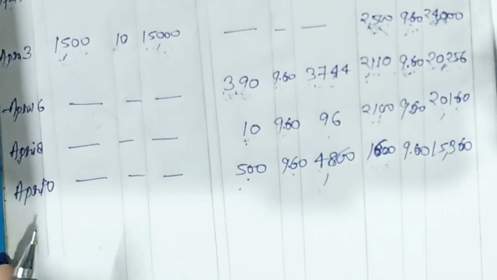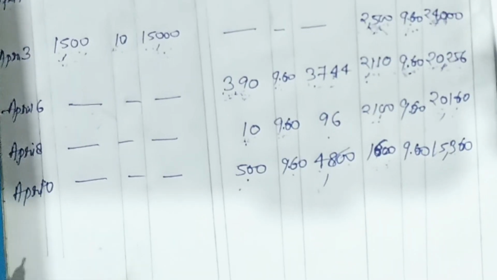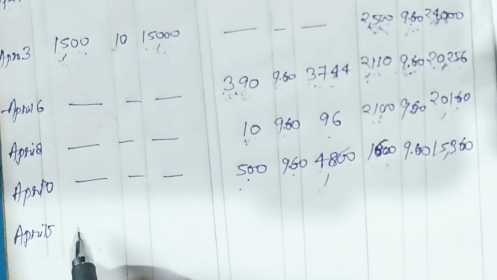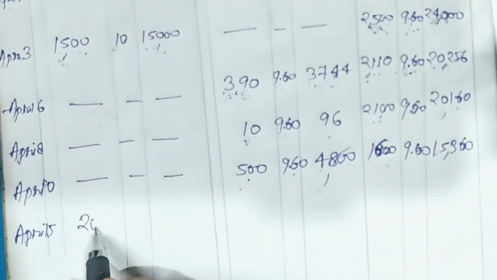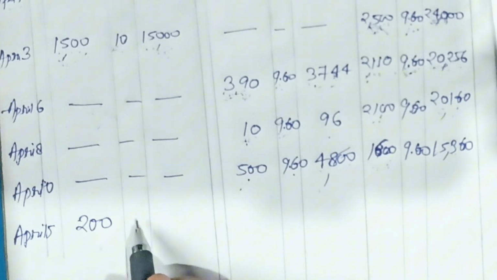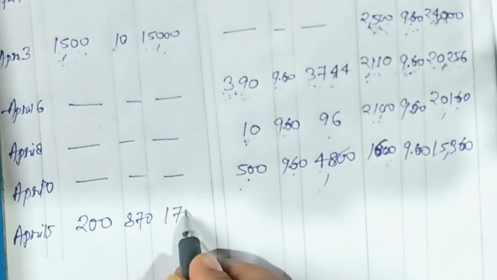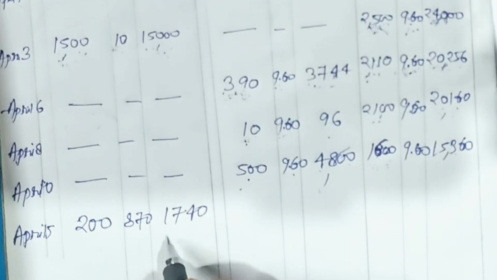Okay. Now we are coming to April 15th, right? Yes, sir. April 15th. There is a purchase, right? So we have to write here purchase 200 units, 8.70. 8 rupees 70 paisa. Multiply it. 200 times 8.70, 1740. Right?